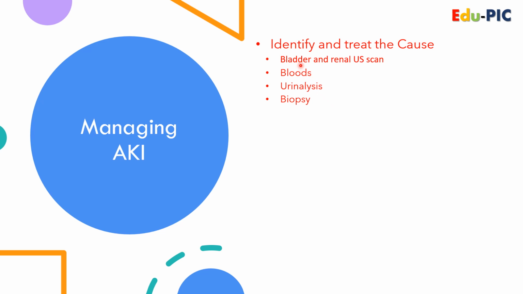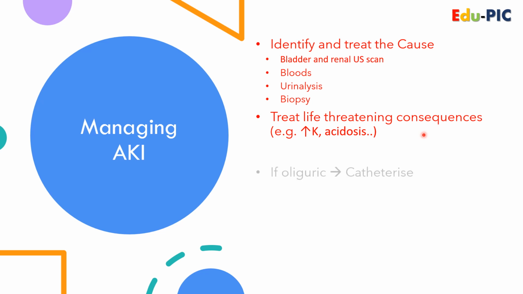So go for a bladder and renal ultrasound scan, get your blood sent, send a urine sample. If all of that can't help you to identify the cause, you might need more imaging and you might end up needing biopsy. You also need to be careful and treat life-threatening consequences of AKI, like hyperkalemia and profound acidosis, while you're still identifying the cause.